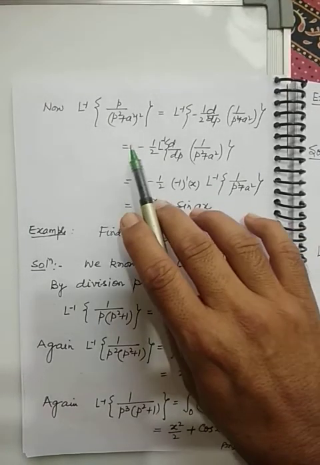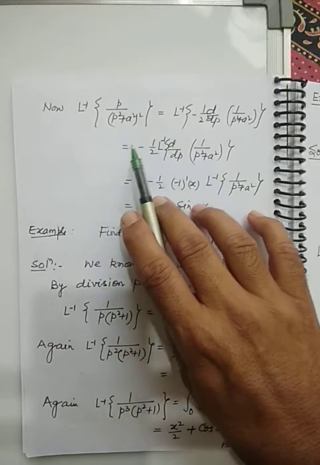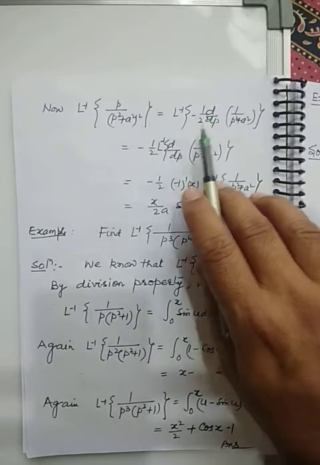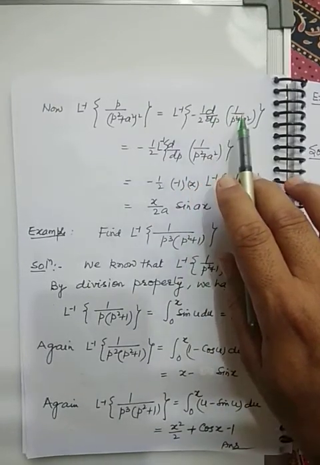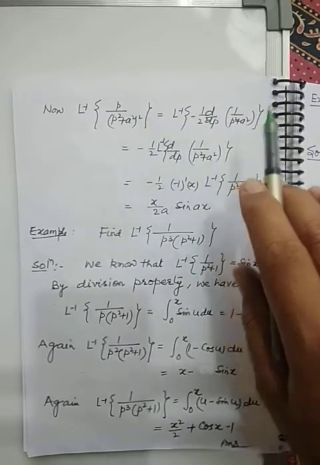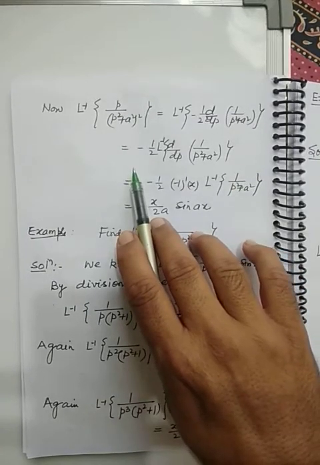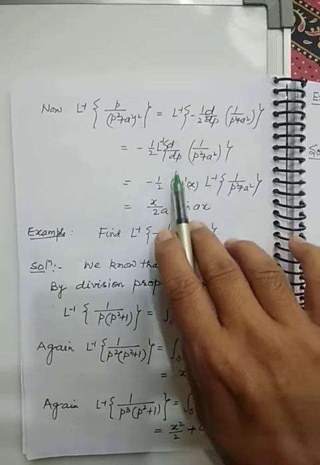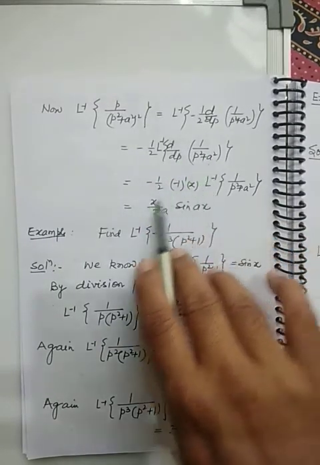Now the inverse Laplace transform of p upon (p square plus a square) whole square will be equal to the inverse Laplace transform of minus half the first derivative of 1 upon p square plus a square, which is minus half the inverse Laplace transform of the first derivative of 1 upon p square plus a square.